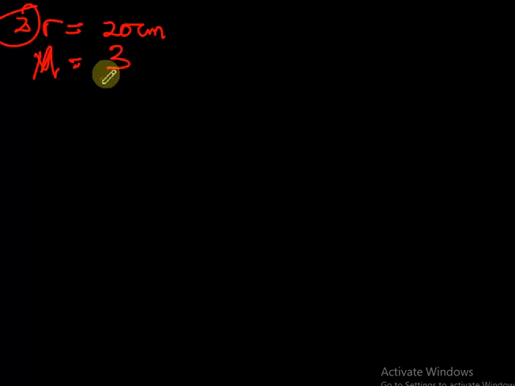The object is placed on and perpendicular to the axis. Calculate the position of the object and the image. That is, in this question, U is not given, the position of the object and the position of the image are not given. So let me read out the question so that you can write it down.